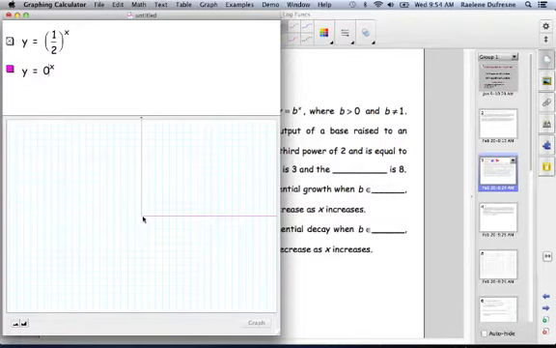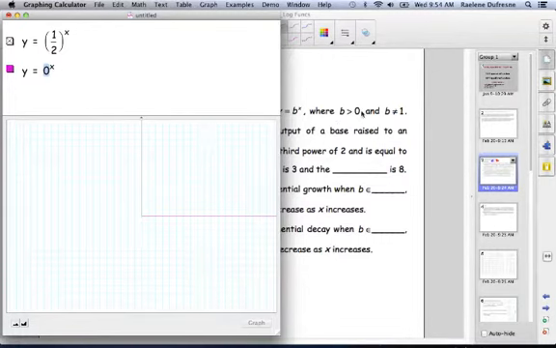Furthermore, if x is equal to 0, something strange is happening. In this case, we're getting an infinite number of possibilities for y, which is an indeterminate case. And we will study the case of 0 to the 0 as an indeterminate case more in calculus. However, even just looking at this graph, it does not produce the classic exponential growth or decay shape, and therefore we exclude 0 from being an acceptable base.